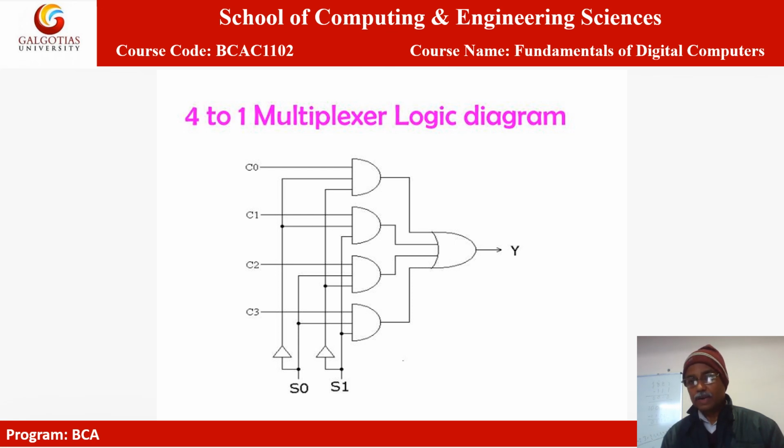Now the fourth one, C3 value 1, S0 value 0 and S1 value 0. So it will also return 0. So only C0 will return 1. It means whenever the value of S0 and S1 is 0, 0, only C0 can pass its information further.